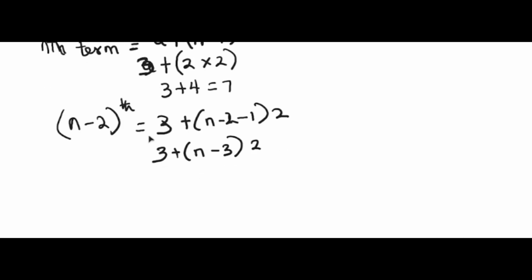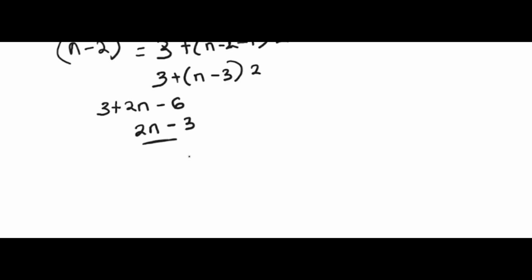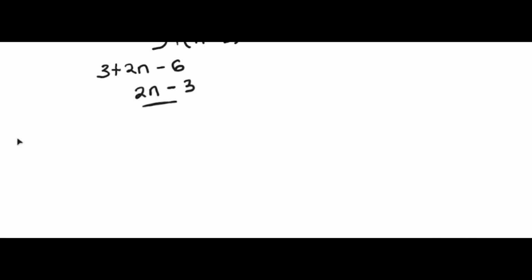So to open the brackets, we'll have 3 plus 2n minus 6. So if we collect like terms, 3 minus 6 will give me minus 3. And that's the answer. So the next question, number 33, it says find the derivative of y is equal to sine 4x.